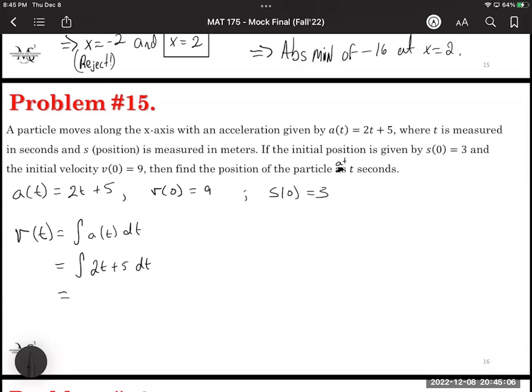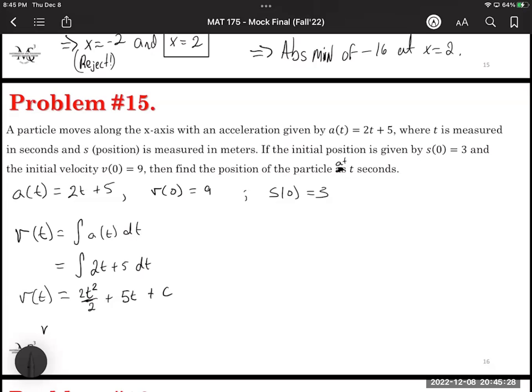Two t squared over 2. That's right. You get 2t squared over 2, plus the antiderivative of 5, which is 5t, plus what? c. Plus your arbitrary constant. Okay, so that's v of t.